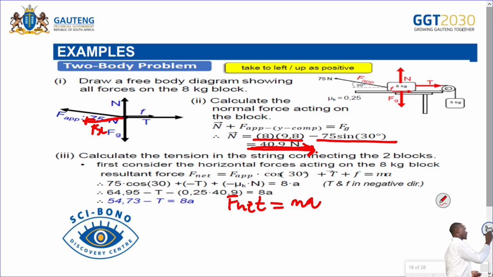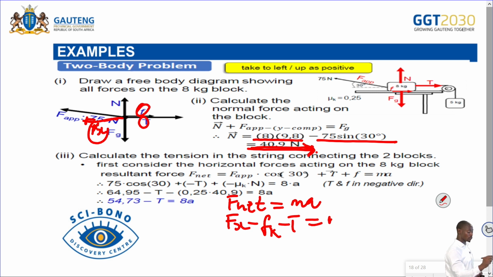There's Fx, tension, and friction. I'm taking the direction of motion, which is to the left, as positive. So it will be Fx minus Fk minus tension equals ma.